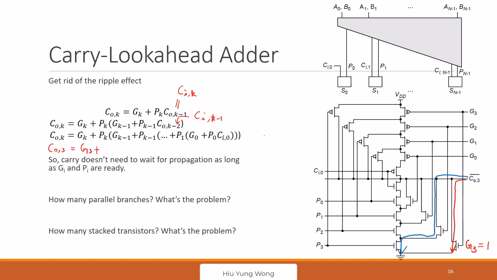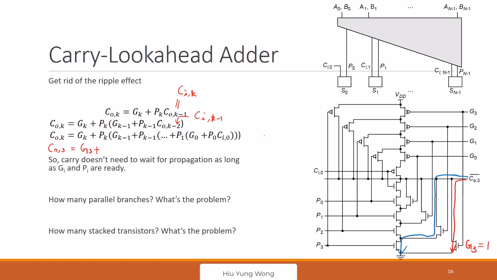Just based on the signal. First of all, how can this path turn off? What signal does it need to turn this off? What signal needs to be 1 to turn this on, I mean, to have this path conducting? The blue path.